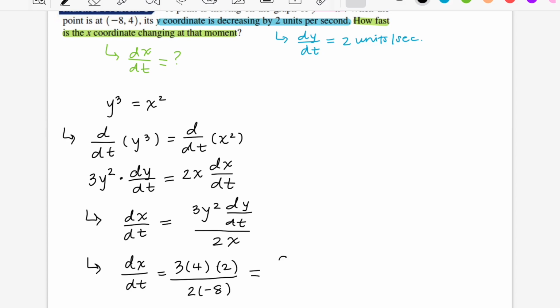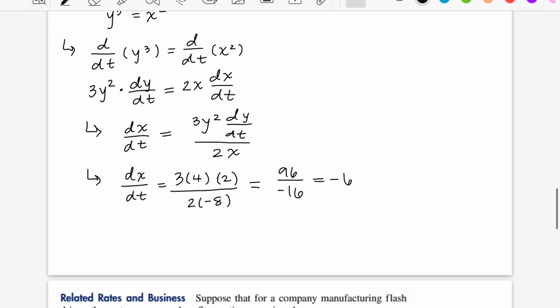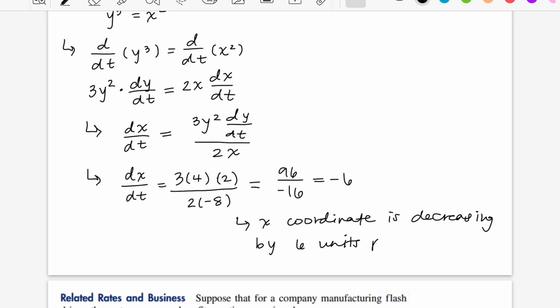So we'll get 96 over minus 16, so that'll be negative 6. So this tells us that our x coordinate is decreasing by 6 units per second.